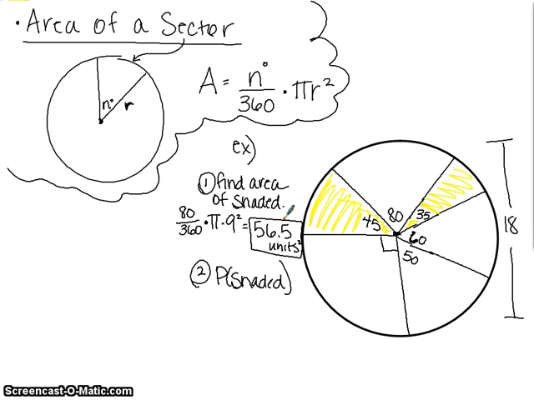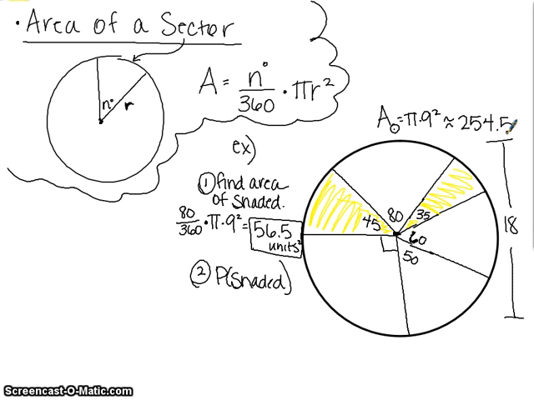Now I want to figure out the probability of landing in one of those two sectors. Okay, so I'm going to take that area that I just found, then divide it by the area of the circle. Okay, so the area of the circle itself would be pi times 9 squared. We haven't figured that one out yet. So pi times 9 squared is going to be about 254.5.